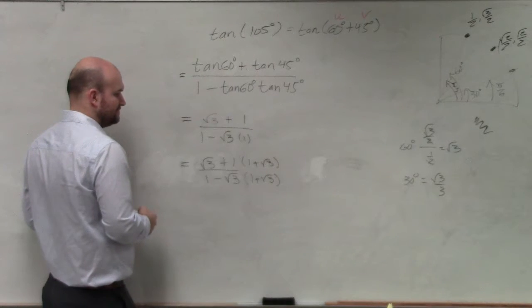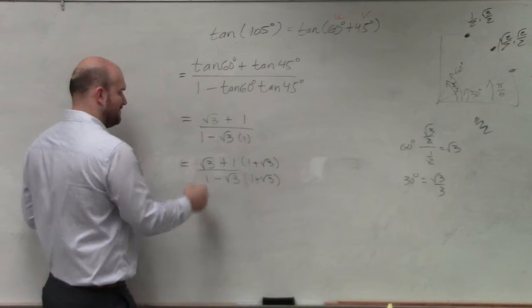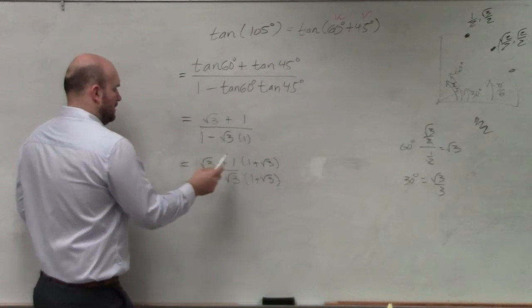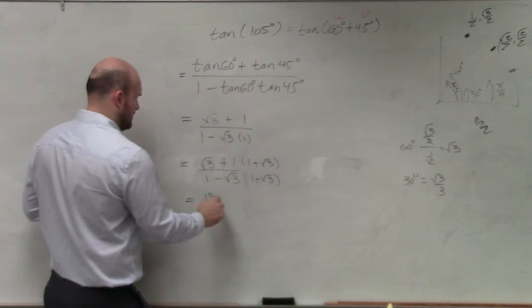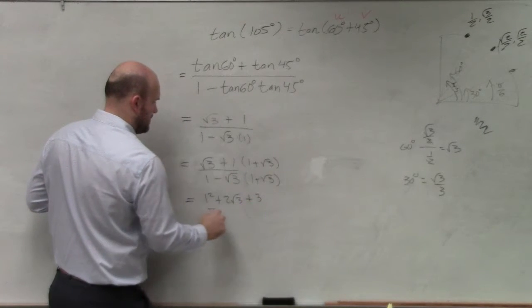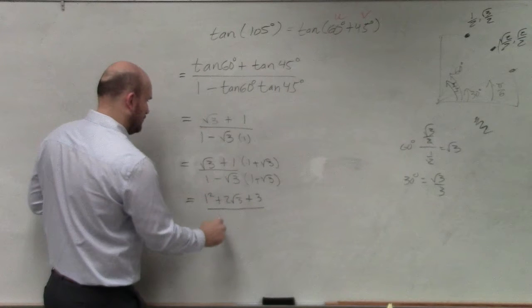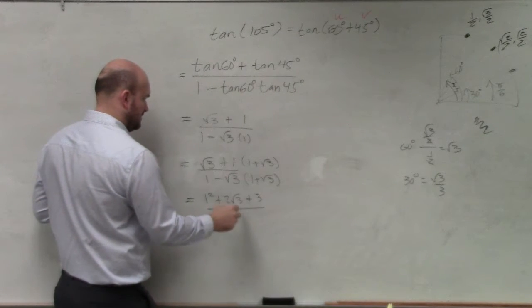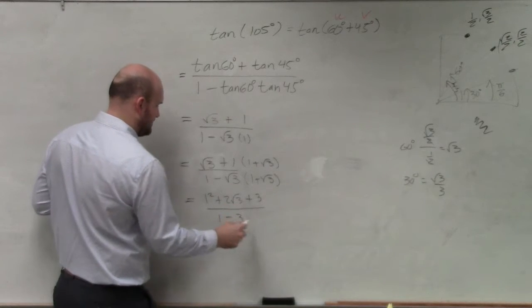Multiply by the conjugate. So then what we have up top is 1 squared plus 2 square root of 3 plus 3, all over 1 minus square root of 3 squared. So that's going to be 1 minus 3.